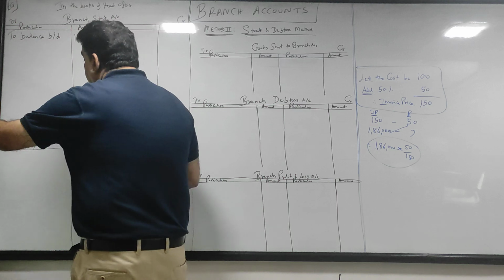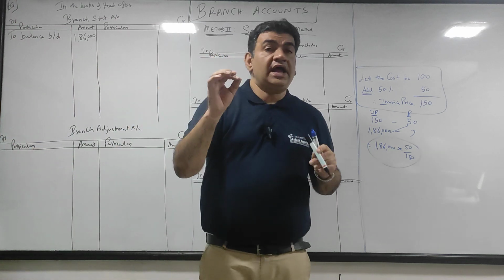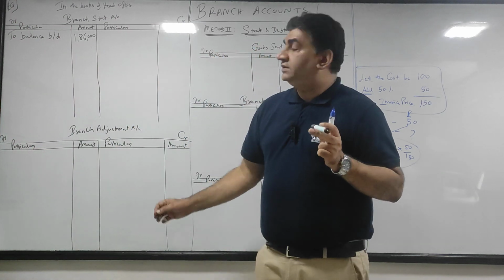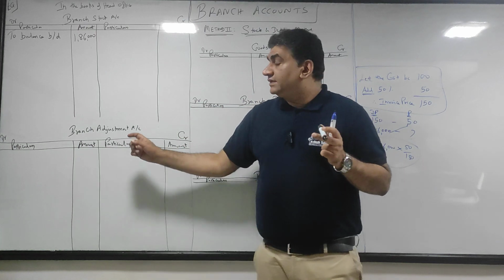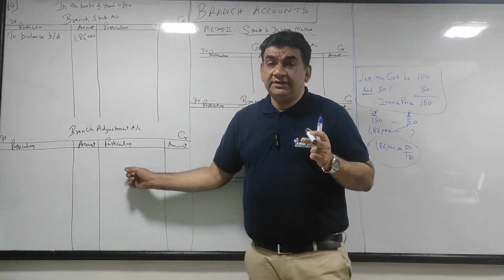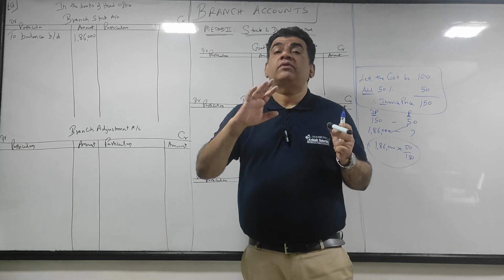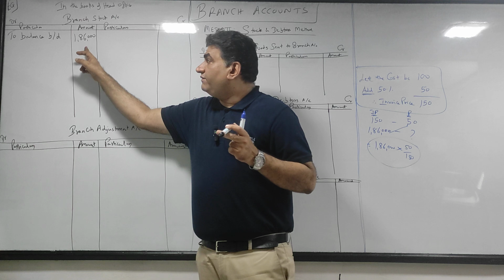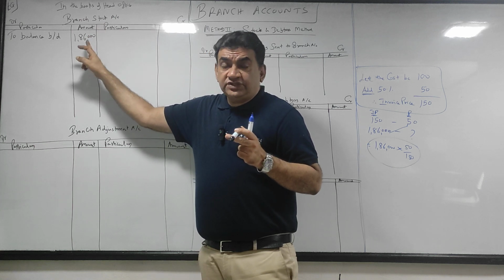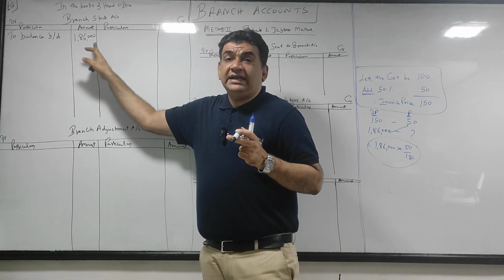Now, what I told you, branch adjustment account is to be prepared when the goods are sent at invoice price. Now this is made to eliminate the profit component. So क्या करना है, ये जो 186 है, इसमें जो भी profit है, that has to be removed.